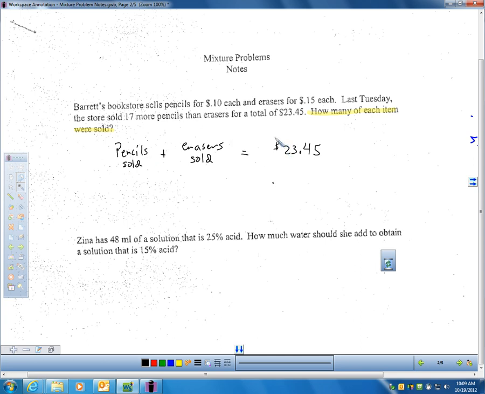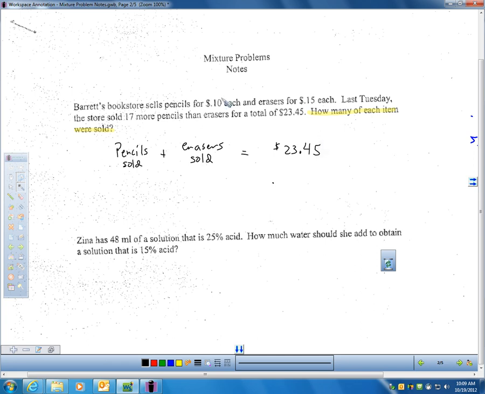If you wrote that on paper, you're already starting to write a correct equation. On a quiz or test, even if you could do nothing else right, if you could at least write this down, I'd give you a point, because this is a correct thought. The pencils sold plus the erasers sold should equal $23.45.